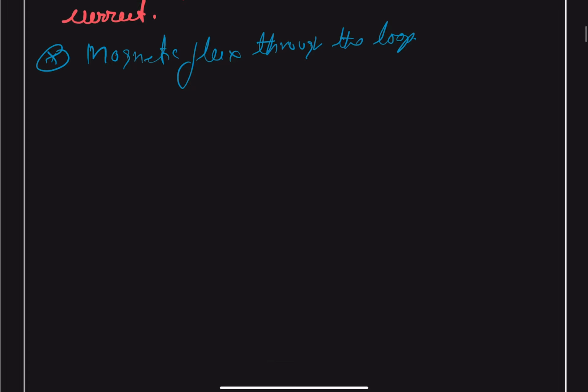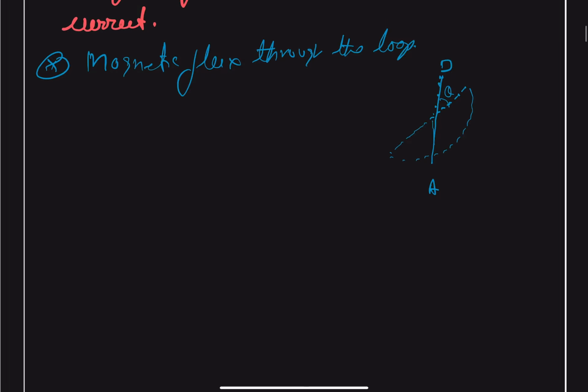Basically, if this is our line AD and the loop is something like this, this radius vector is making an angle of theta with the vertical line, that is AD.